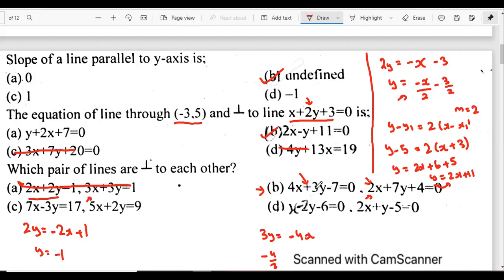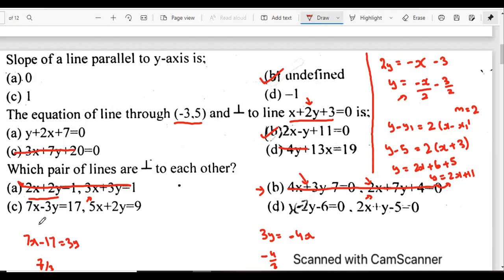So let's just cancel out this option as well. Let's talk about the third one. For the third one, if I look at the equation 1, it says 7x minus 3y equals 17. So that is 7x minus 17 equals 3y. When I will divide 3, it would be 7 by 3.